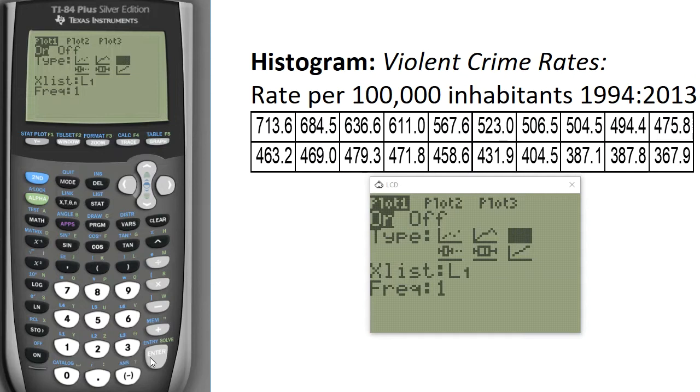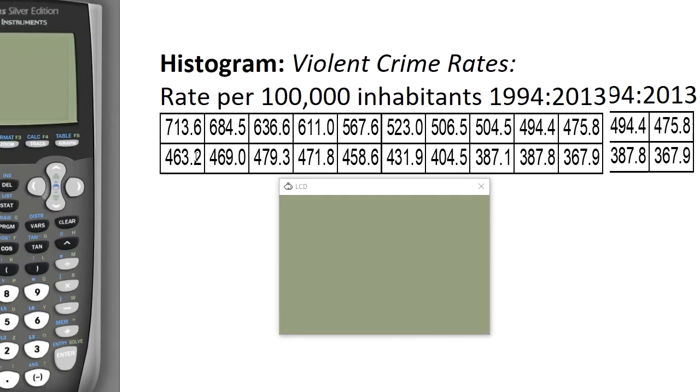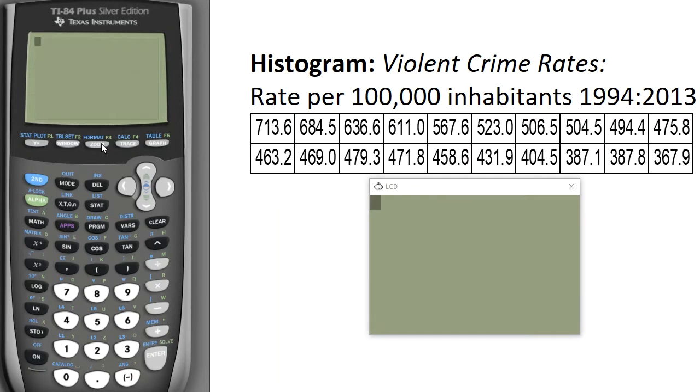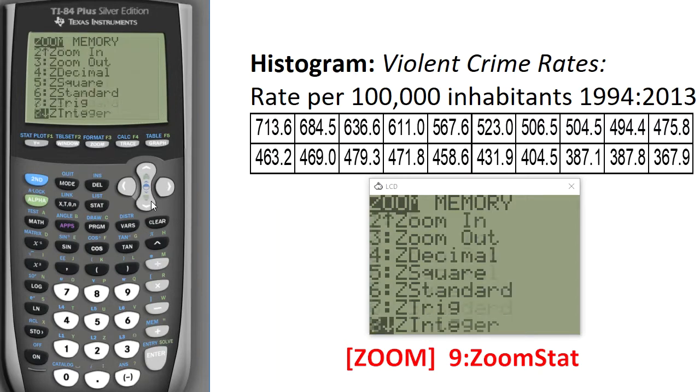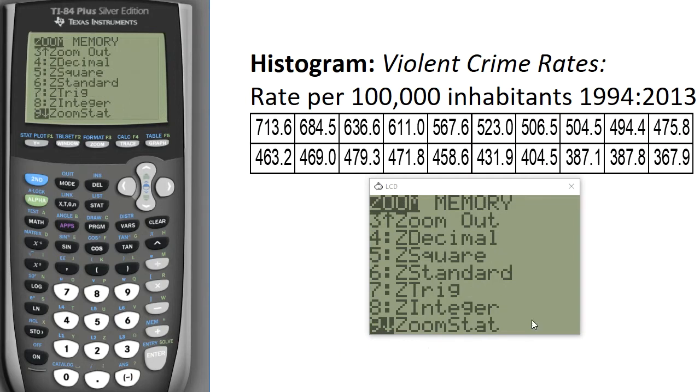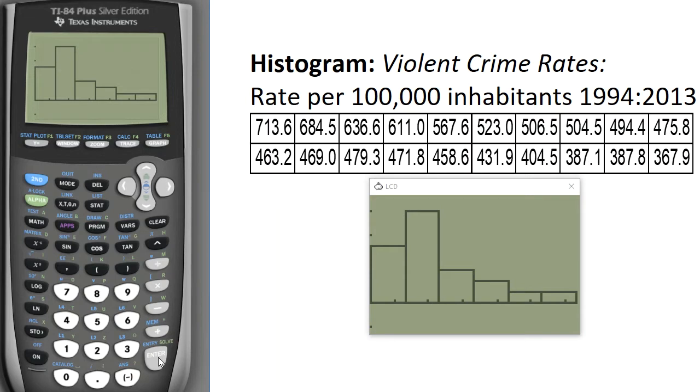The next thing we have to do is go to the window and set our window. We can actually have the calculator help us with our window here. I'm going to hit the zoom key that opens up the zoom memory, and that's an automatic setting for the window. I'm going to scroll down here where it says zoom stat and hit enter, and that will show me the histogram.